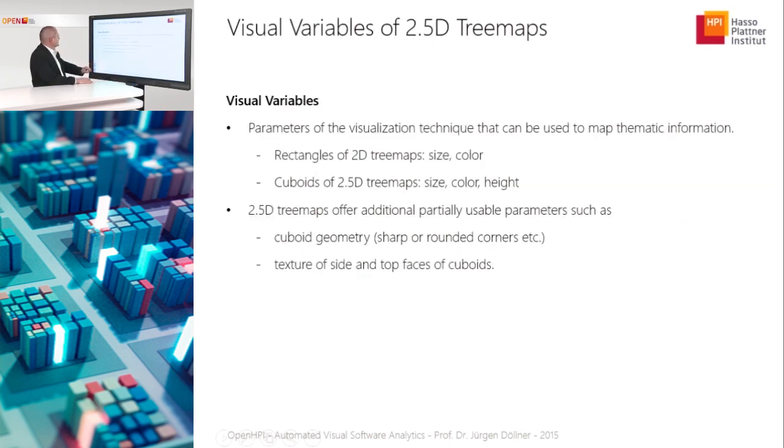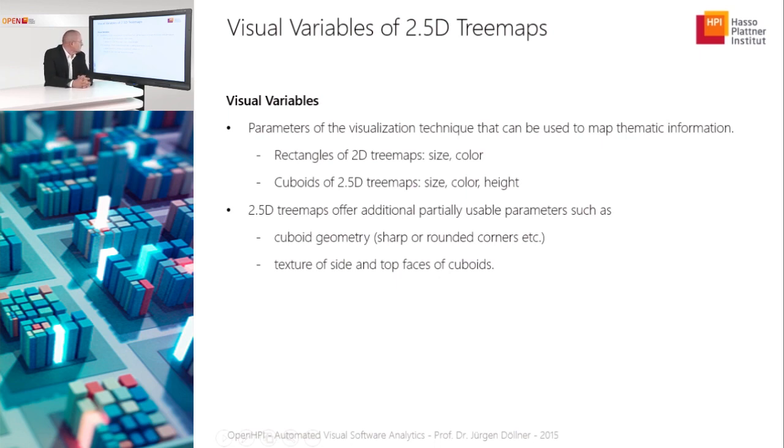Now, let's go on with visual variables. This is a key difference to regular tree maps. In regular tree maps, we have size and color as the visual variables where we can map information. In the case of 2.5-dimensional tree maps, however, we have an additional visual variable, the height of a cuboid. 2.5-dimensional tree maps also offer additional secondary parameters that can be used for information mapping.